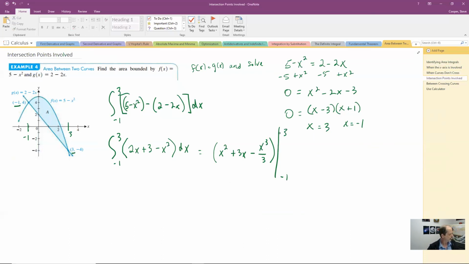I'm not going to go through all that detail, but you should get something roughly equal to 10.667. Remember, just substitute the 3 into all this, then subtract, substitute the negative 1 into all this, and it should pop out that. Now let's get back to the calculator.